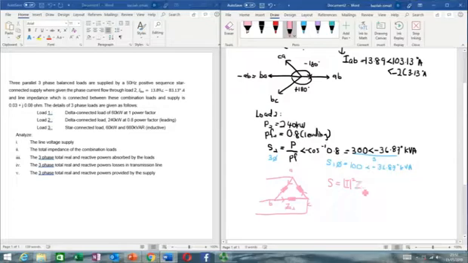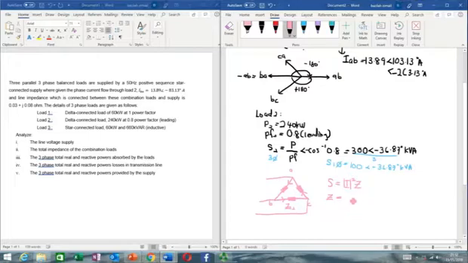For the value of S, you have to take the one-phase value. If you take the three-phase value, you have to divide it by 3.